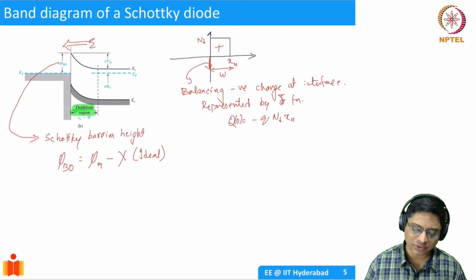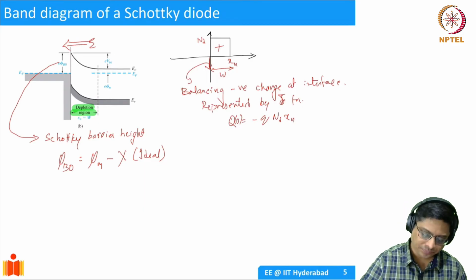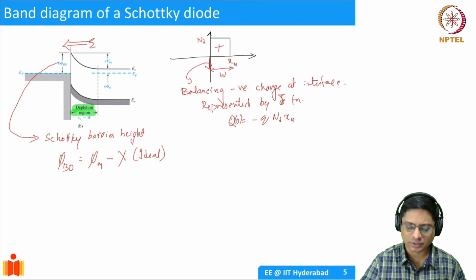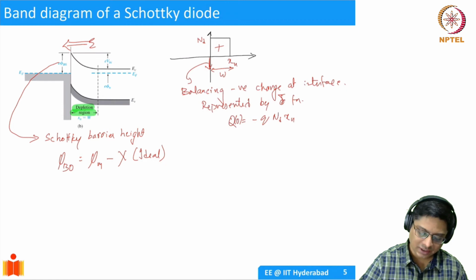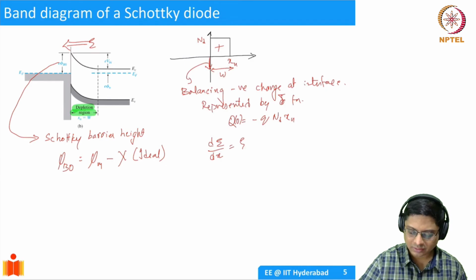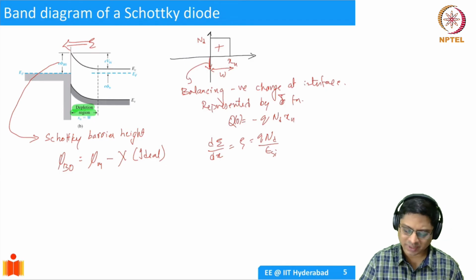Once you have this sort of charge distribution, you're going to have an electric field that we can calculate by dE/dx equal to rho, equal to Q ND divided by epsilon silicon.